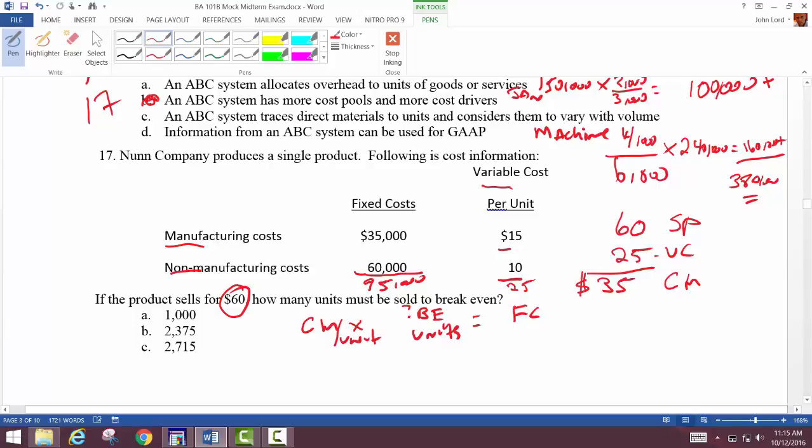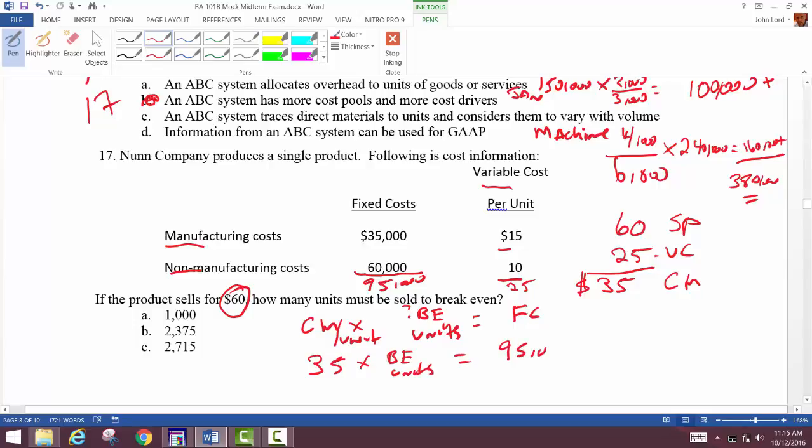Okay. So I have $35 per unit contribution margin per unit times my break-even units has to equal fixed cost of what?